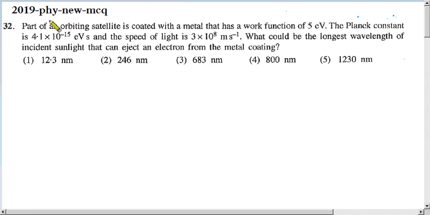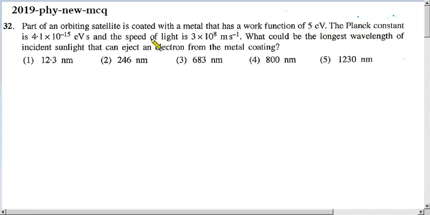Today I am going to discuss question number 32, MCQ 32 of the 2019 Physics new syllabus paper. Part of an orbiting satellite is coated with a metal that has a work function of 5 electron volt.